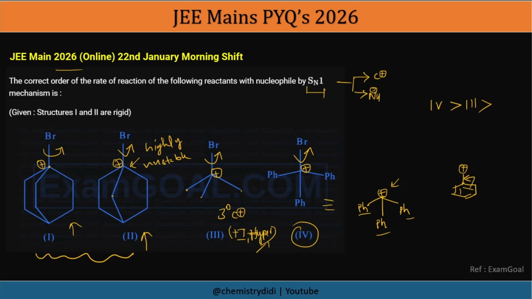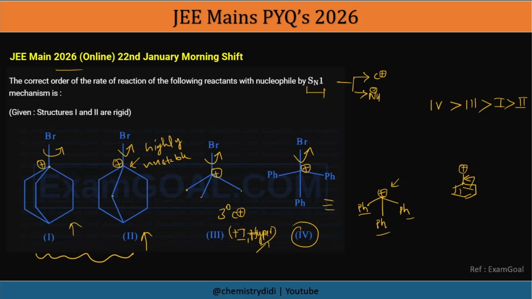It gets stabilized slightly better than this. That's why the first one will come and then the second. Due to its rigid structure, this carbocation is really unstable. So this is how you need to conclude among these two.